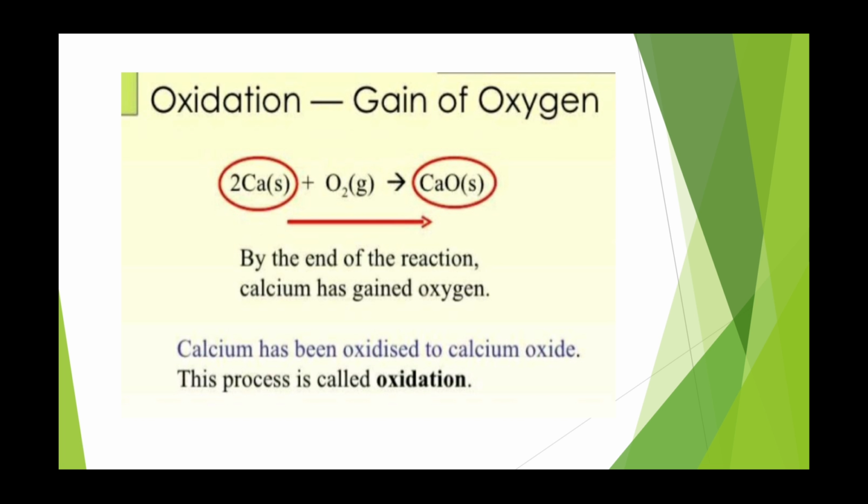It has gained oxygen, and hence it is a type of oxidation reaction. As the calcium is oxidized to calcium oxide, it is an example of oxidation due to gain of oxygen.